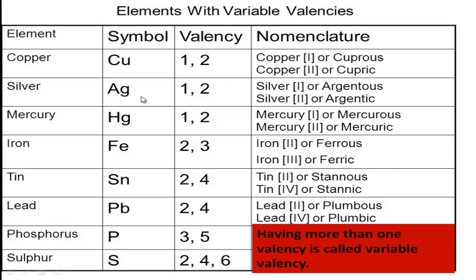Okay, so in this way, when you see -ous in naming, the lesser valency is used, and when you see -ic in naming, the more valency is used. These two valencies are used, and we will be clearer about this when we start to write formulas.